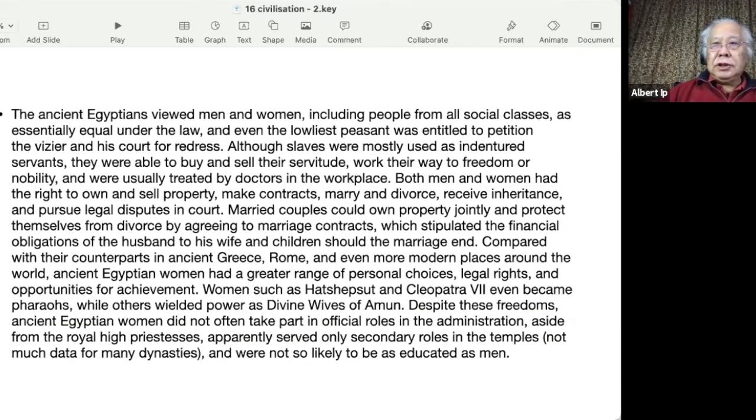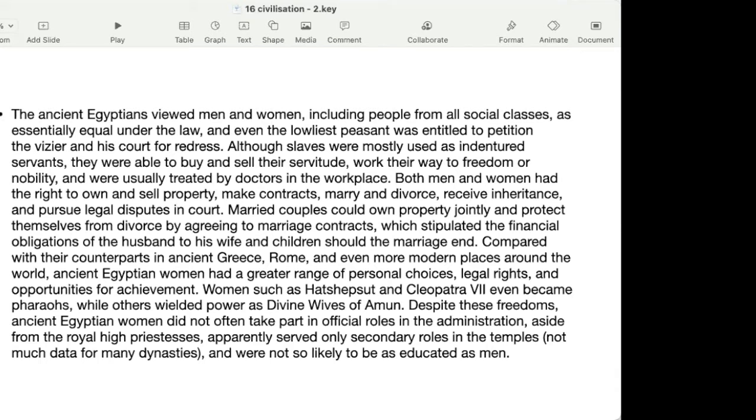And in terms of gender balance, the Egyptians viewed men and women as equal under the law, and even the lowest persons were entitled to petition the vizier and his court for redress.